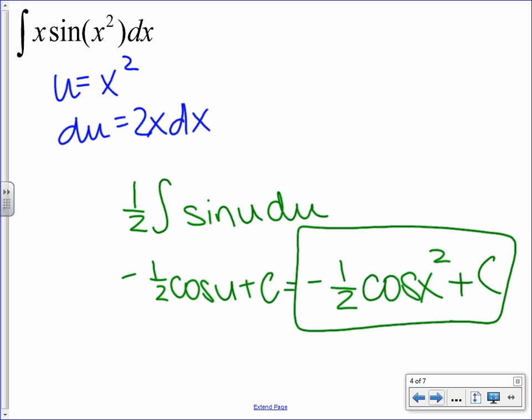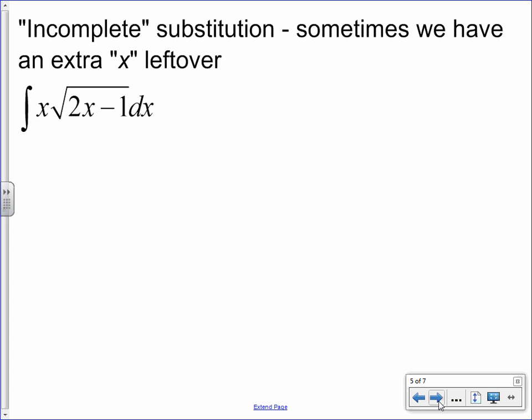What do I mean by linear? Just one. It's easy. Okay, x to the first. Okay, very good. Sometimes we can have an x left over. Okay, and we need to know what to do with that.